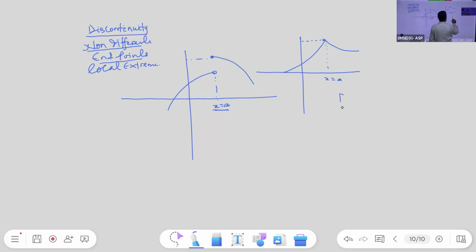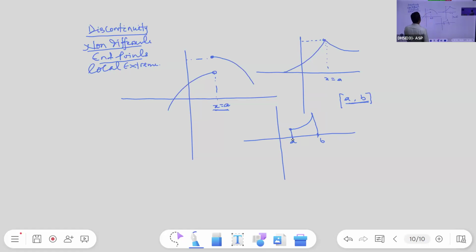Then third case, endpoints. Suppose we have to find the global or absolute extremum value of the function in the interval a to b. If in the interval a to b the function is strictly increasing, then the global maximum value is attained at x is equal to b, and the global minimum value at x is equal to a.